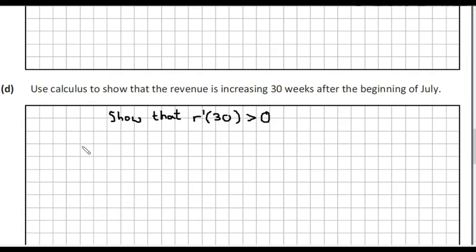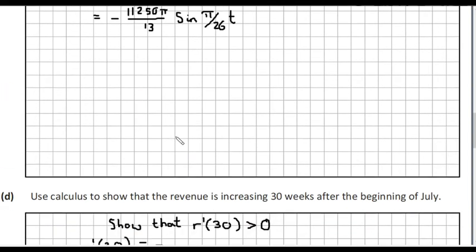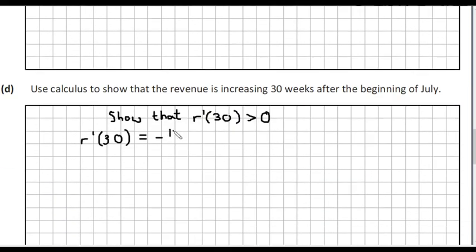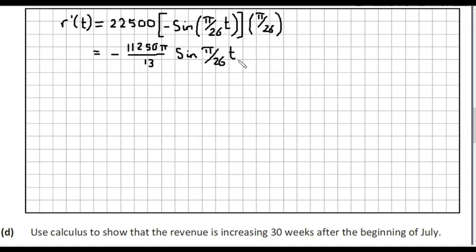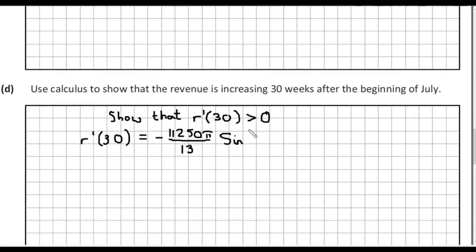So, let's get now r dash of 30. So it's going to then be minus 11250 pi over 13 sine of, it was pi over 26 times t, so we're going to be replacing t there with 30.